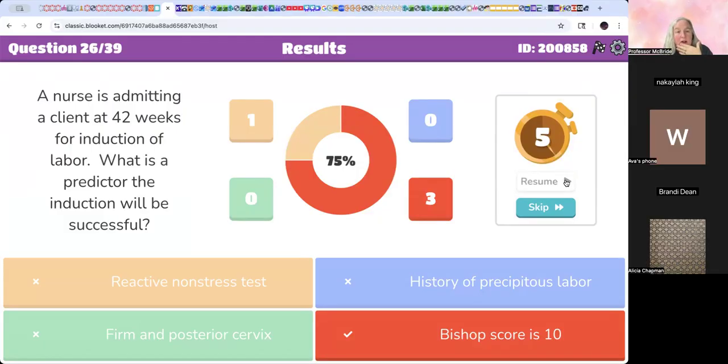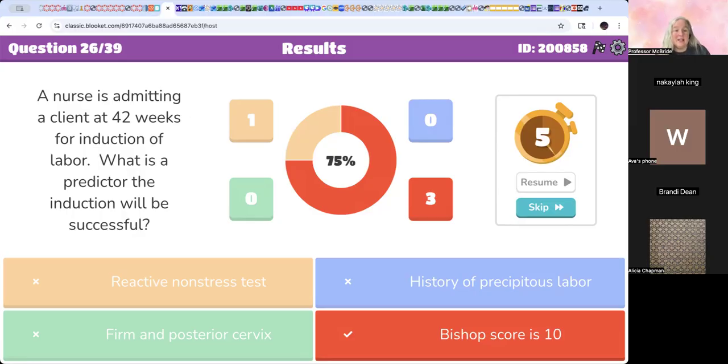Do you guys remember how we do Bishop's score? By checking readiness for labor, like cervix, effacement, dilation. Good. So we look at the dilation, the effacement, the consistency, position, and those things. And if the score is 8 or better, that's a good indicator that the induction will be successful.